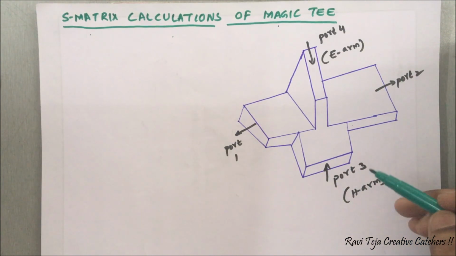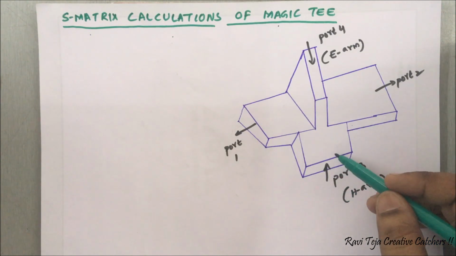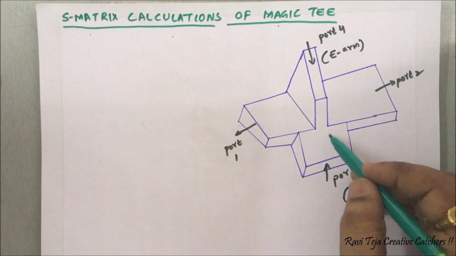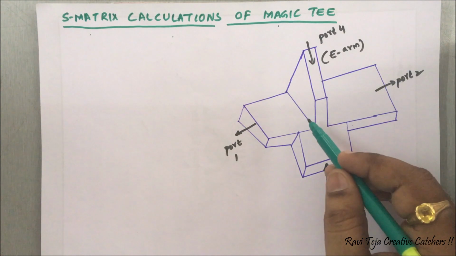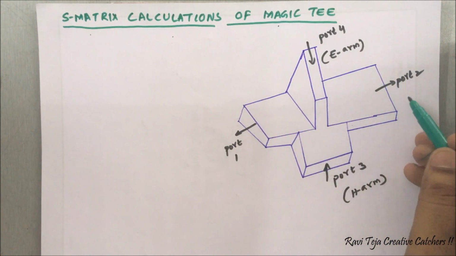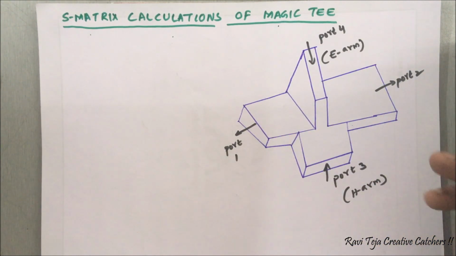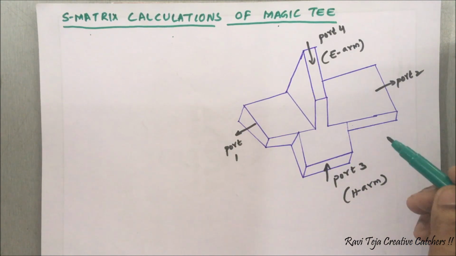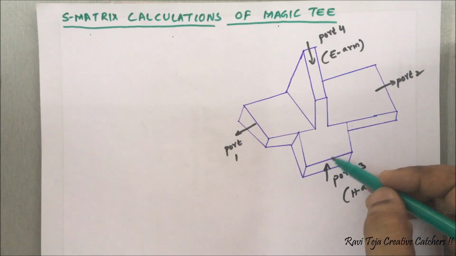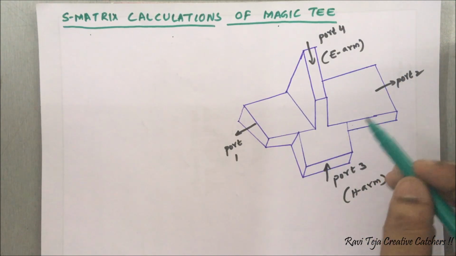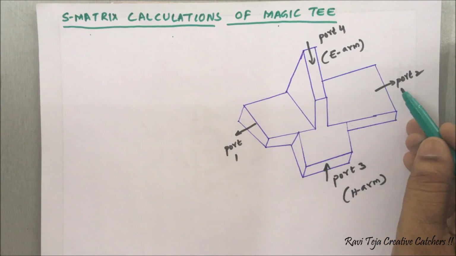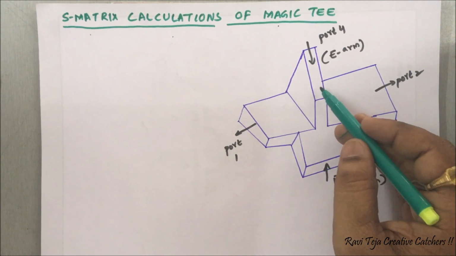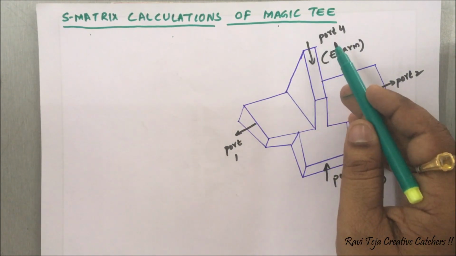Whenever the signal is propagated through H arm, this signal from port 3 will be distributed equally through port 1 as well as port 2, and there won't be any 180 degrees phase shift and it will be in phase. Now whenever the signal is propagating through this particular port 3, signal will be equally distributed through port 1 as well as port 2, and there won't be any signal propagation through port 4.